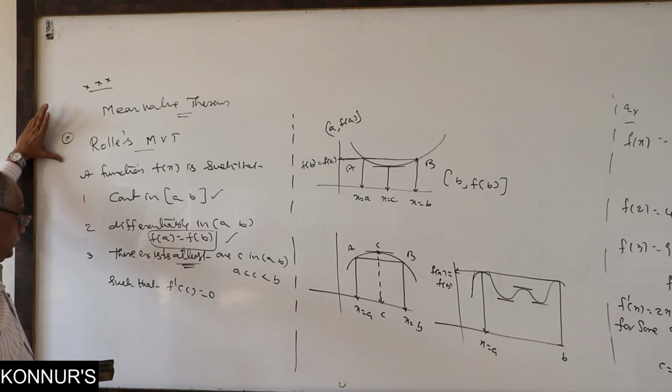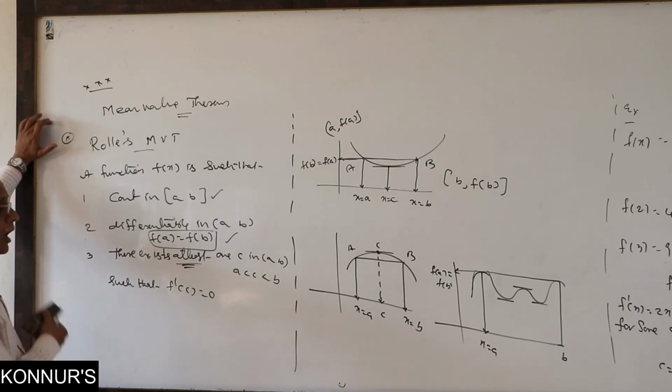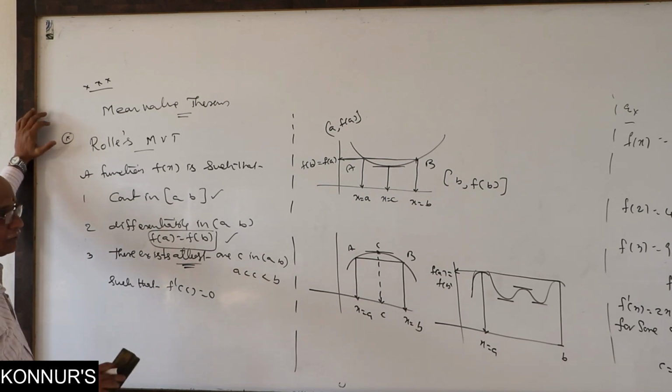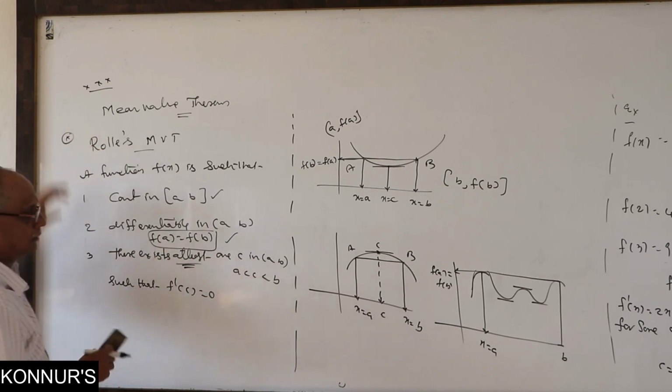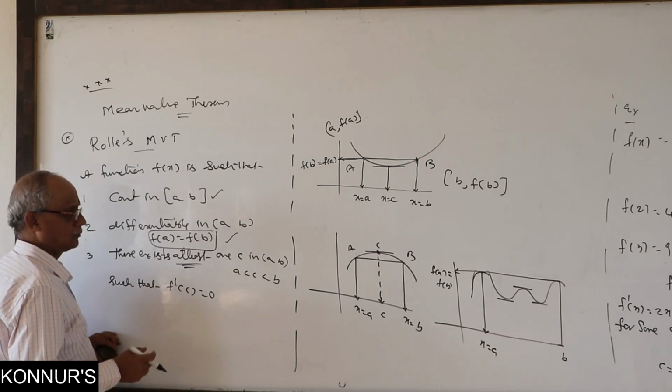Rolle's mean value theorem I gave today, practice this. Next I will go to Lagrange's mean value theorem; next episode we will write. All at a time will not be suitable for you. So up to here, go through the concept and examples. You can start doing problems also. When I finish I will start, until then don't wait.